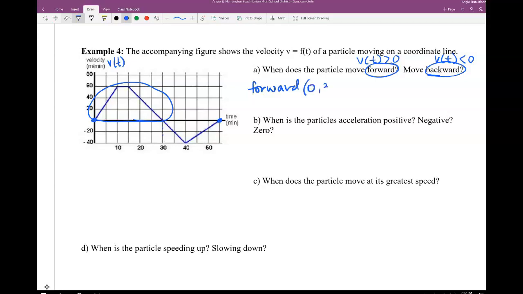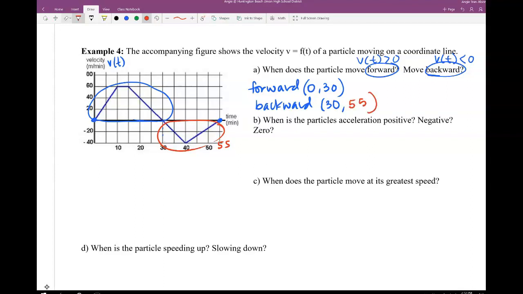So 0 all the way to 30, okay? Then it's going backwards, okay? Backward is starting at 30. So 30 is where it's 0, and that's where it's about to change direction. So it's not going anywhere, it's holding still, okay? All the way to, this is negative right here. Right there, and that's 50, so that's 55, okay? So 30 to 55.